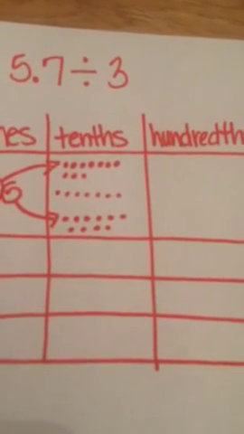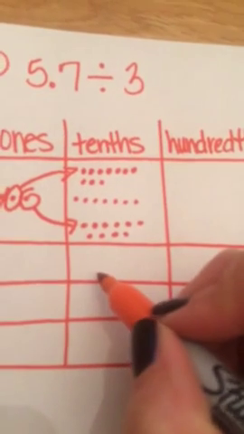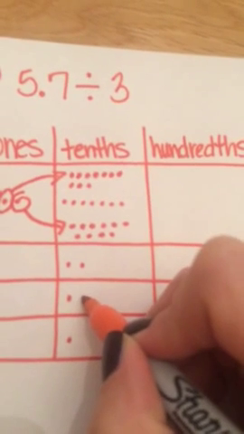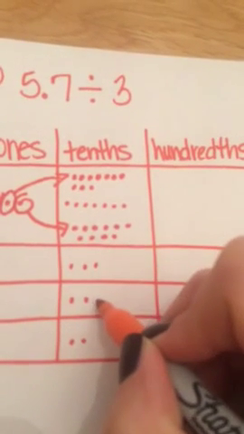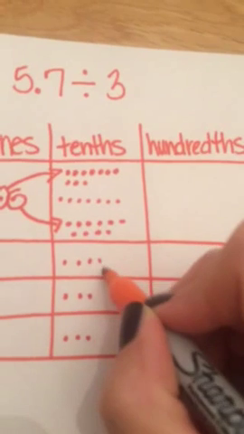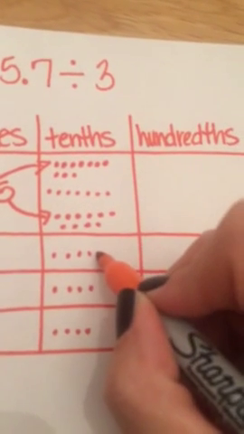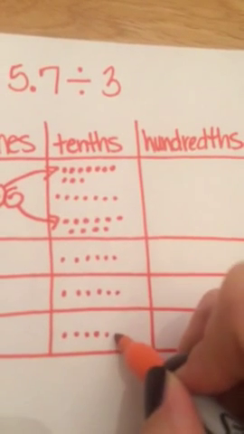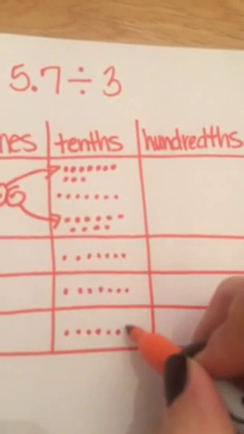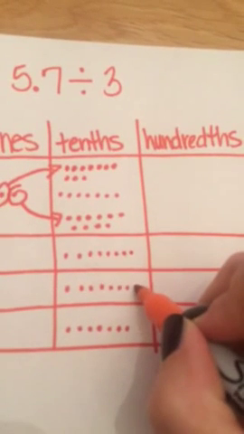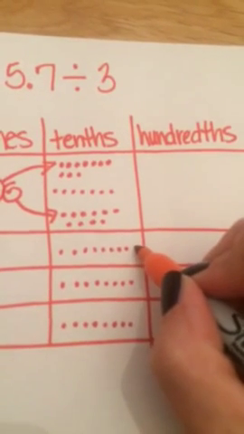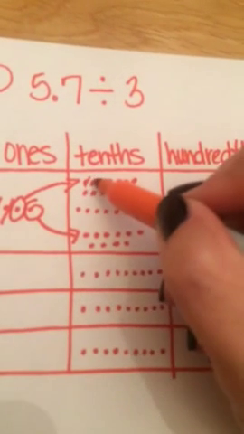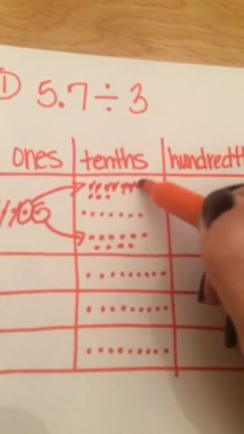I'm sure you already know the answer, but I'm going to model it for you. We can do 1, 2, 3, and so on, up through 27. We were actually able to use all 27.